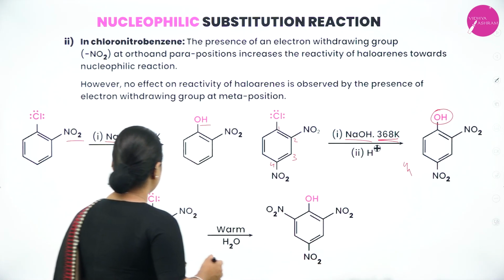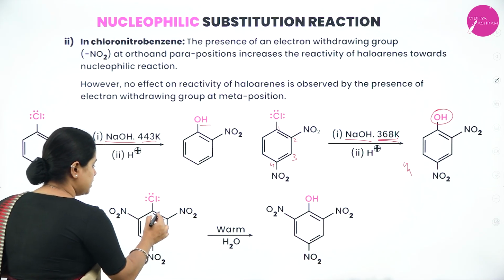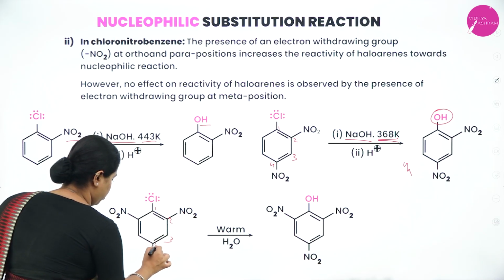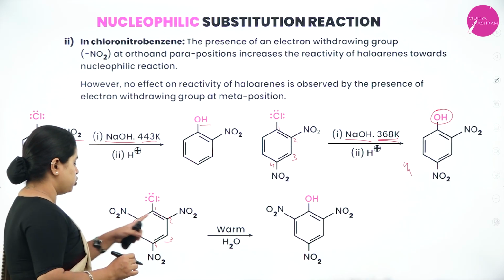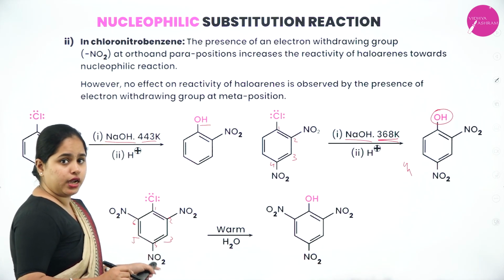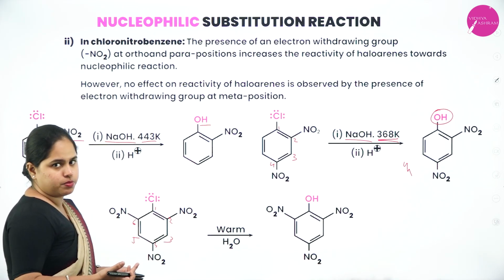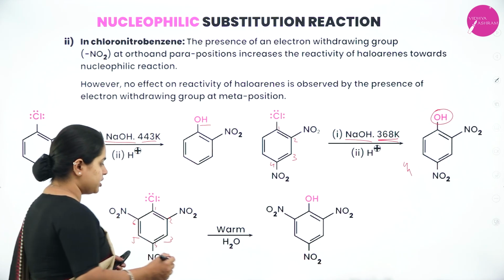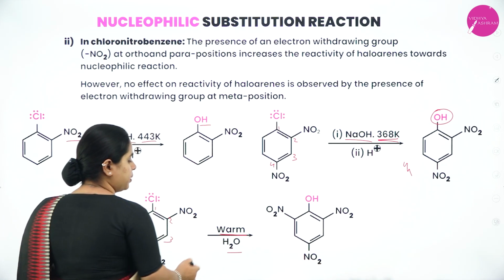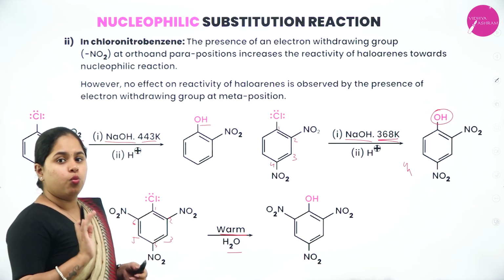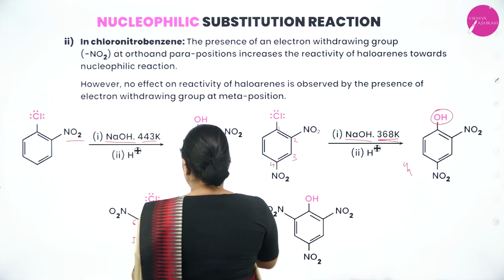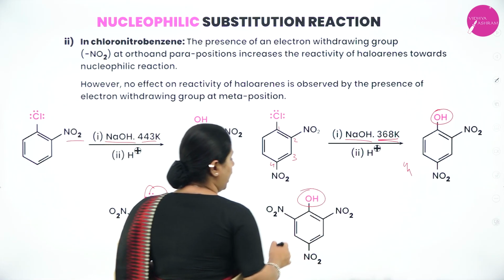Okay, now the last one. It is 2,4,6-trinitrochlorobenzene that is being formed. In this case, we just have to warm it in the presence of water. What is going to be formed? The halogen will be replaced by the hydroxyl group.